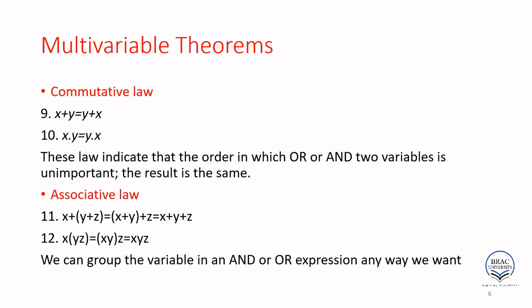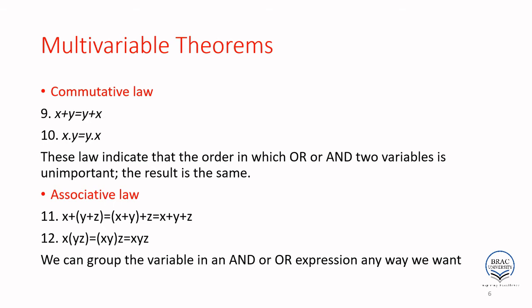Multivariable theorem. In multivariable theorem, we have commutative law. We can write x plus y equals y plus x, also x dot y equals y dot x. This law indicates that the order in which we OR and AND two variables is unimportant. The result is the same.